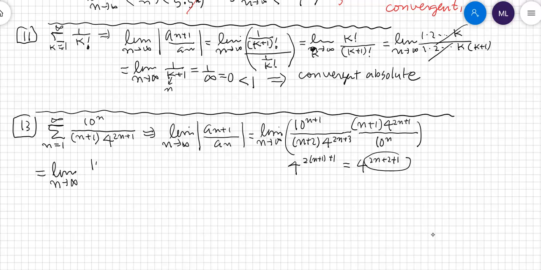Now here, 10 to the n plus 1 over 10 to the n, the first one. And then n plus 1 over n plus 2.